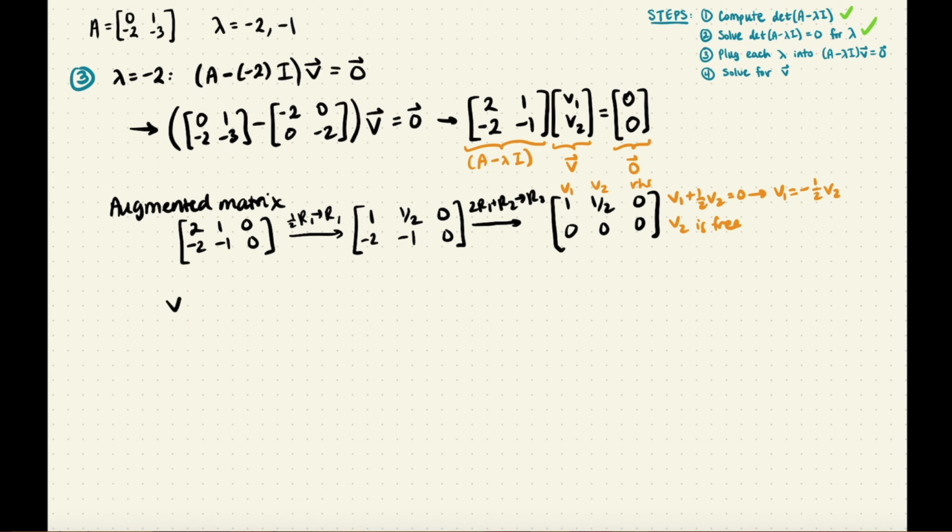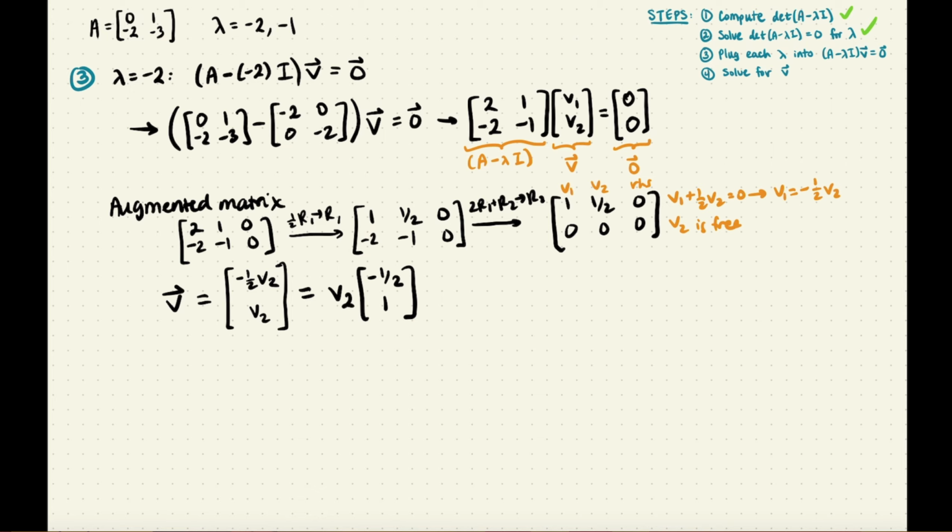So if we write V, the vector, in its vector component form, the first element, V1, is minus 1/2 V2. And the second component is V2. We just leave that as is because that's our free variable there. Now we want to factor out the free variable just so we have a sense of this underlying vector of coefficients. So we've got V2, and I've got negative 1/2 here and 1 here.